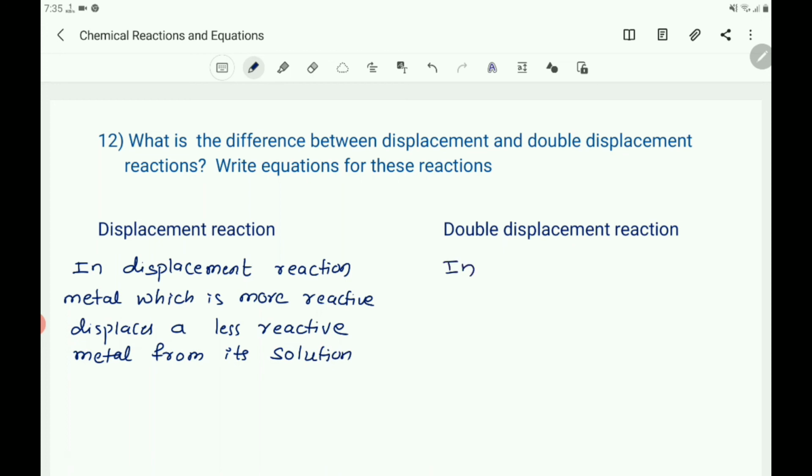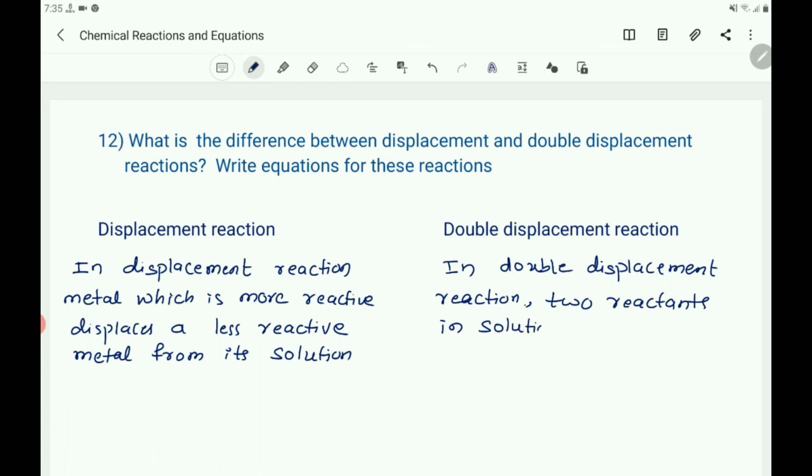In double displacement reaction, two reactants in solution exchange their ions.